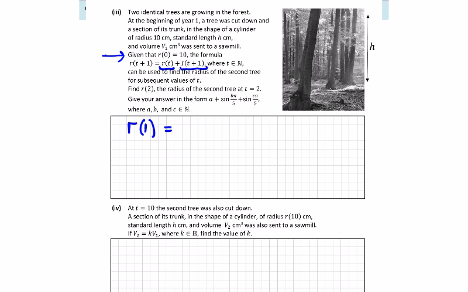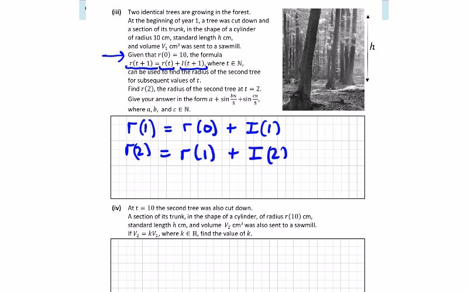R1, if we follow this formula, will be equal to R0 plus the increase in year 1, and R2 will be equal to R1, the radius after year 1, plus the increase in year 2, and R1 is this expression above here.